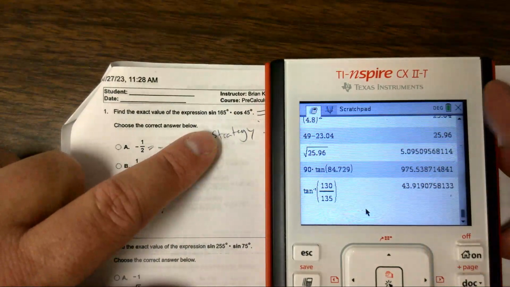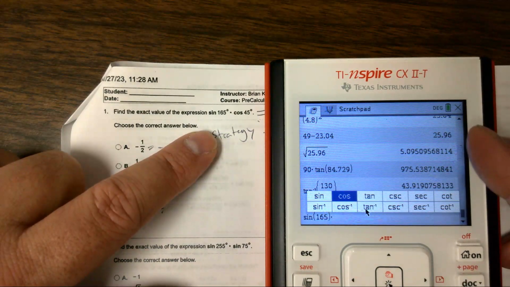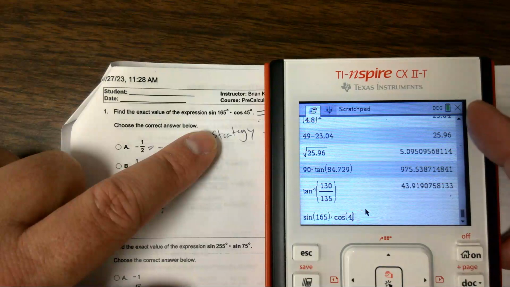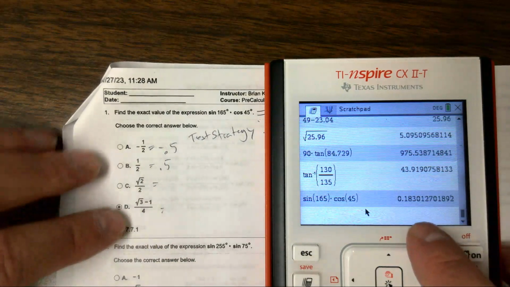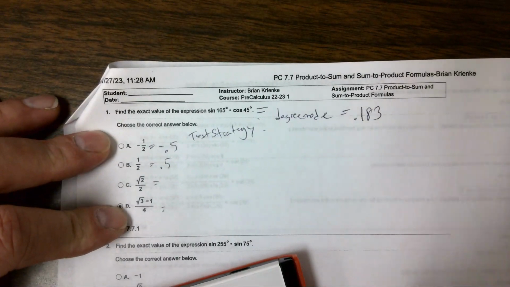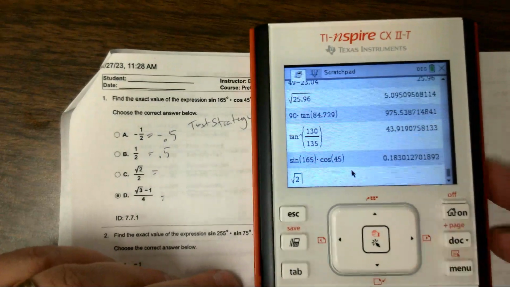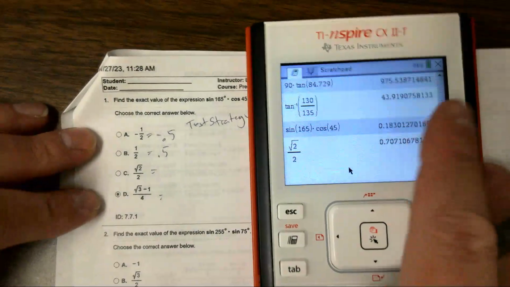If we do sine 165 times cosine 45, we get 0.183. If we do square root of 2 over 2, we get 0.707.